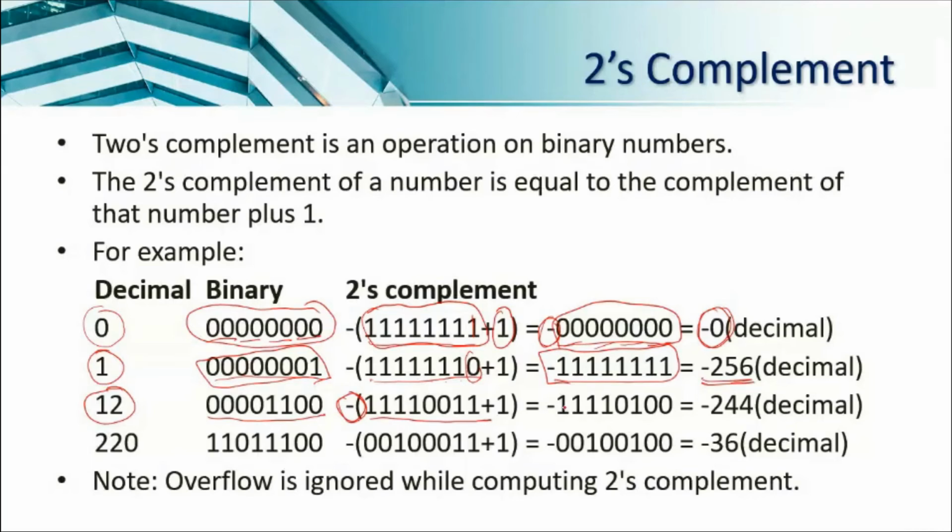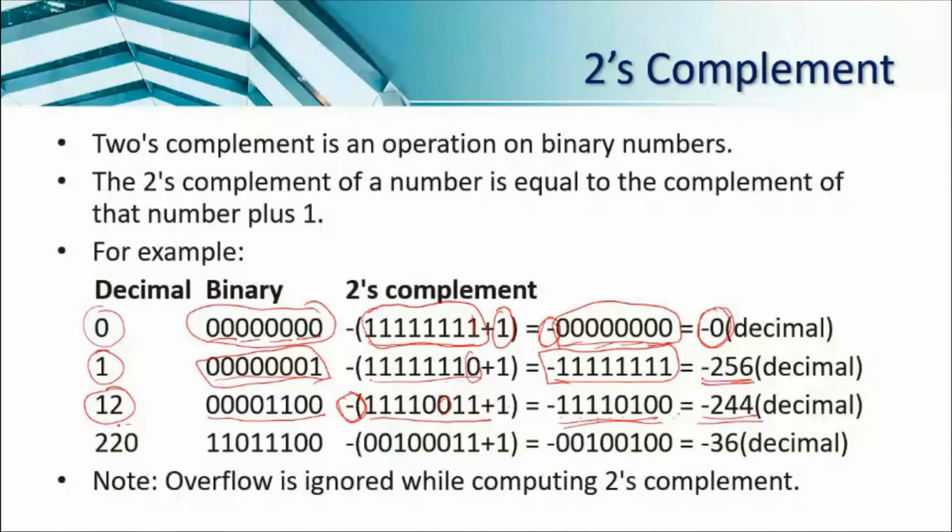When we add, 1 plus 1 is 0, and 1 is remaining as the carry. That carry is added to the next one, which is also 0, and another 1 is the carry. That is added to the next 0, so that 0 becomes 1. The rest stays the same: 1, 1, 1, 1, 0, 1, 0, 0. So this is equivalent to minus 244.